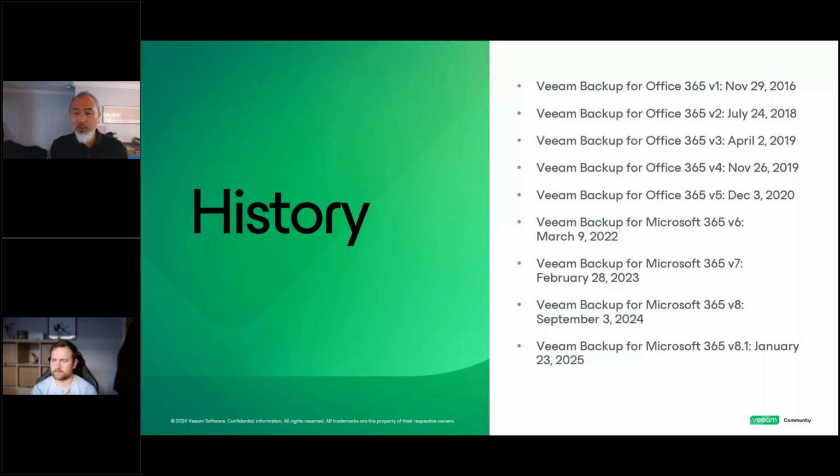It allowed immutability all the way through the backup process, and introduced Linux proxies, proxy pools, as well as using NATS for message queuing. It's a major improvement, and to show how quickly Veeam is innovating, they released 8.1 in January, just a few months after 8, which had further improvements for performance and scalability, and also resolved some of the issues people were having with the upgrade process to version 8.